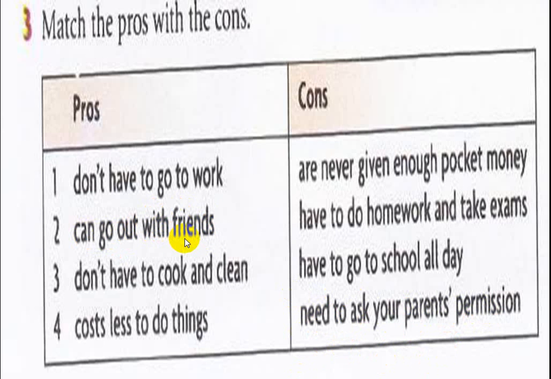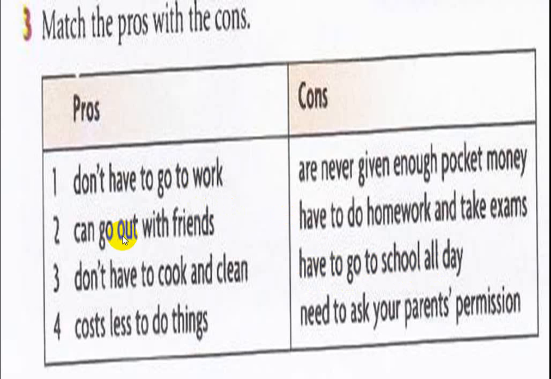Sorry. The cons of you don't have to go to work means have to go to school all day. So the cons of number one is have to go to school all day.